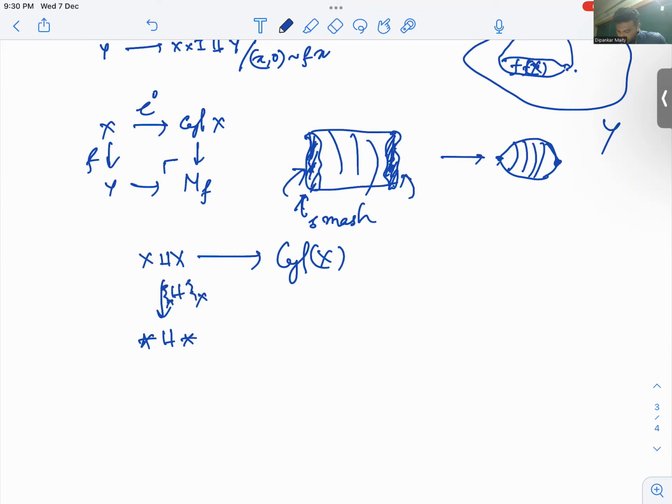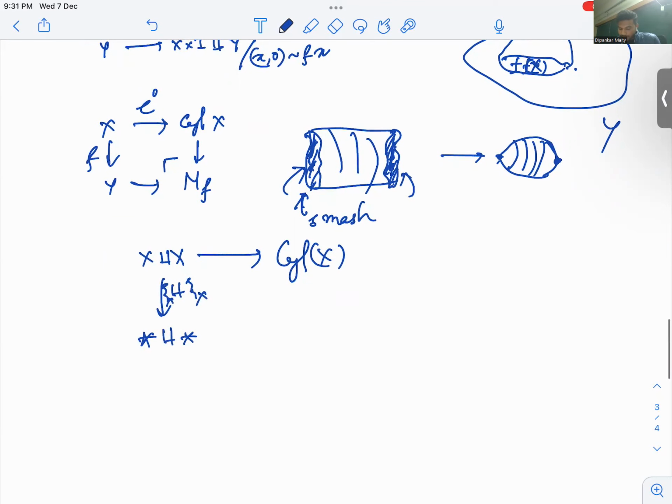So x to star, there is a map psi x, where star is the terminal object, and psi x is the unique map from x to the star. And by universal property, there is a unique map from x disjoint union x to star disjoint union star.